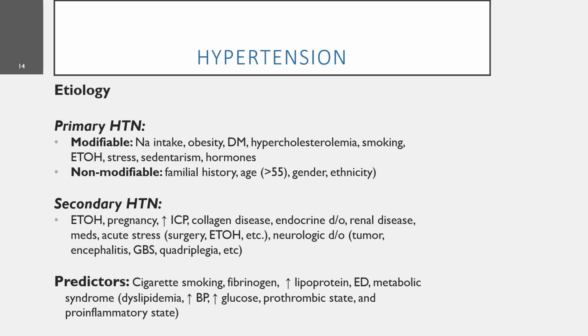Primary hypertension, also known as essential hypertension, refers to high blood pressure without a specific cause. While the exact cause of primary hypertension is not fully understood, it is believed to result from a combination of genetic predisposition and lifestyle factors.